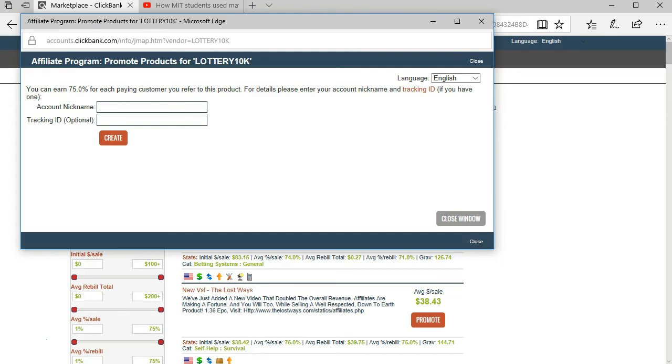So what we're going to do for the purposes of this demonstration is type in an account nickname as follows. For the purpose of a tracking ID, we're going to type in the following. More specifically, we're going to type in lottery YT1.